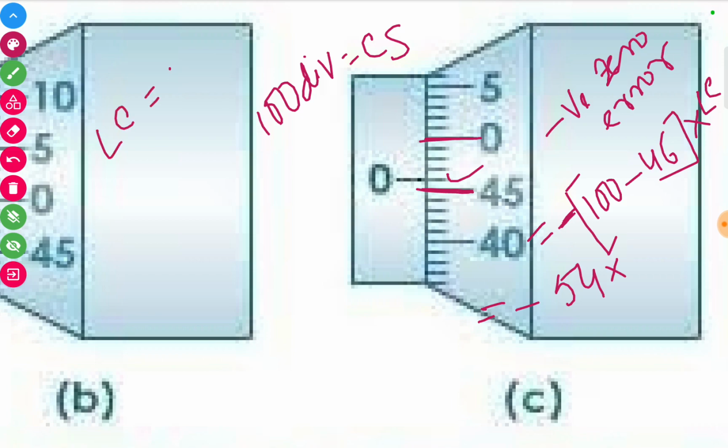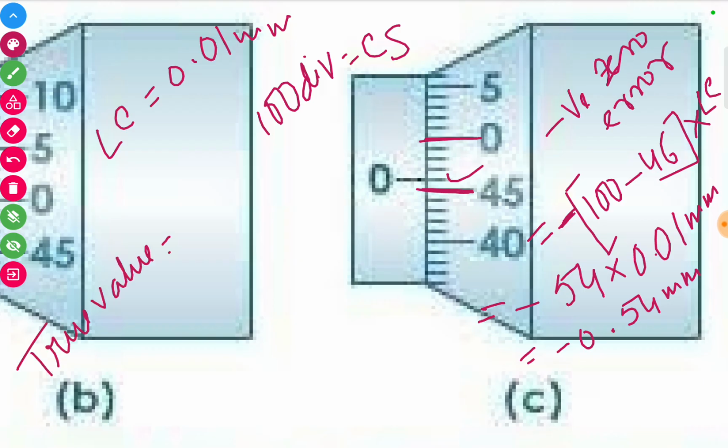Least count is 0.01 millimeter, so into 0.01 millimeter, minus 0.54 millimeter.